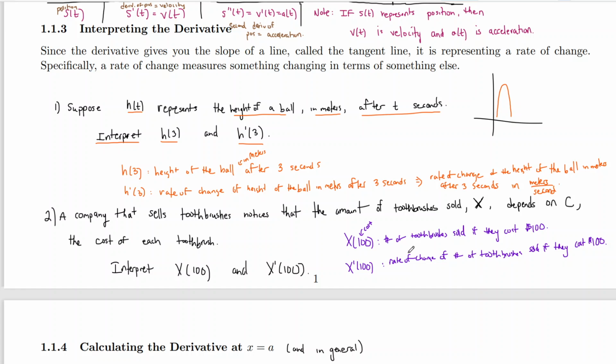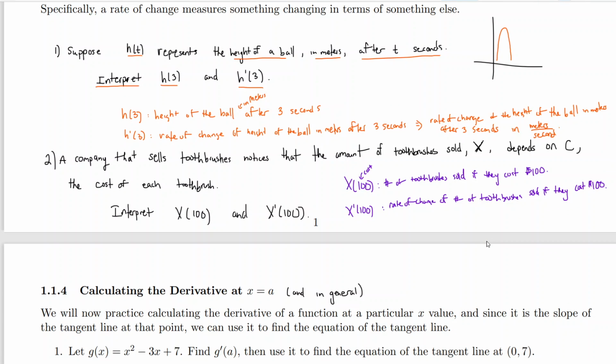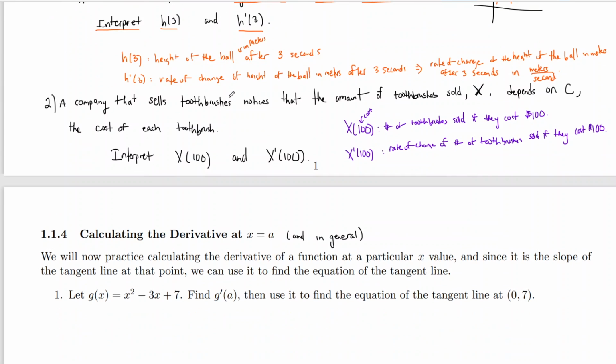Now, physically, that really doesn't make sense, because if the number of toothbrushes sold went up when the cost went up, why wouldn't we just increase the number of toothbrushes forever? But that's the idea. The derivative is going to tell you how much your function is going to change when you increase the x value, roughly.